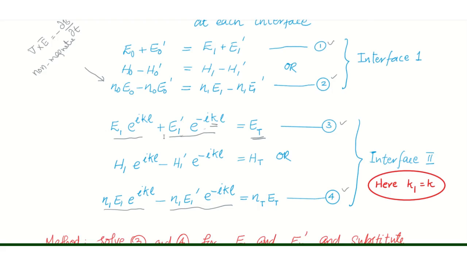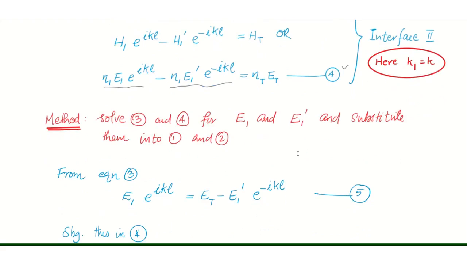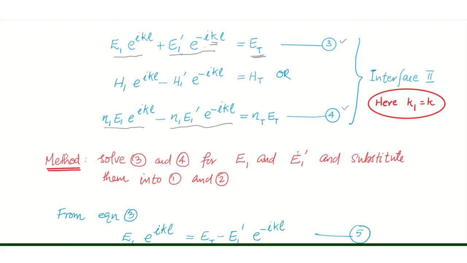We have to get these equations in terms of E0, then E0 prime, that is the reflected wave, then in terms of ET, as I have discussed just now. It is easy. It's a bit of algebra.